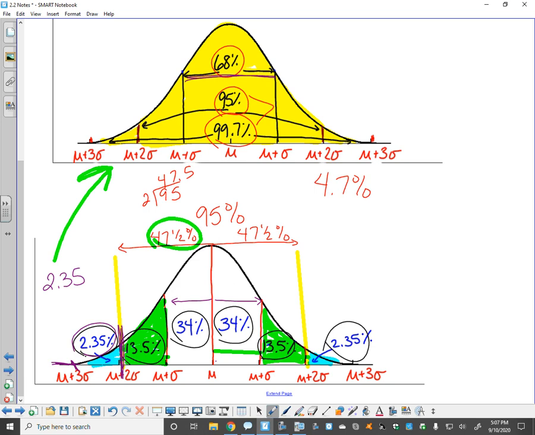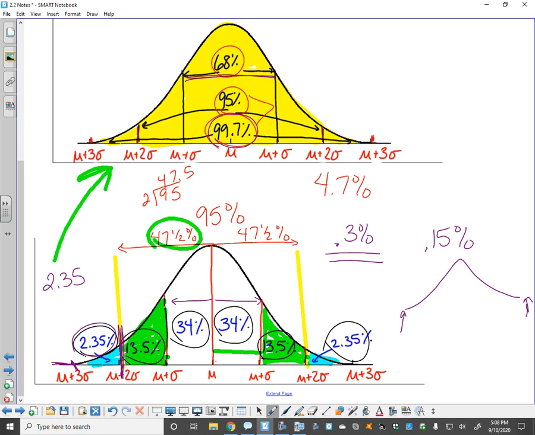The 99.7 leaves 0.3% left to get me to 100. Okay, so make sure you understand that. 99.7 will take me to 3 standard deviations, and that leaves me with 0.3% left to get me all the way to 100. Well, that 0.3% has got to be split between the 2 wings. So if I cut that in half, that's 0.15% on the far, far right and far, far left.